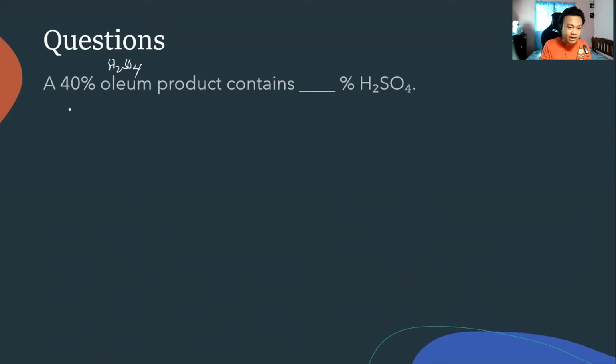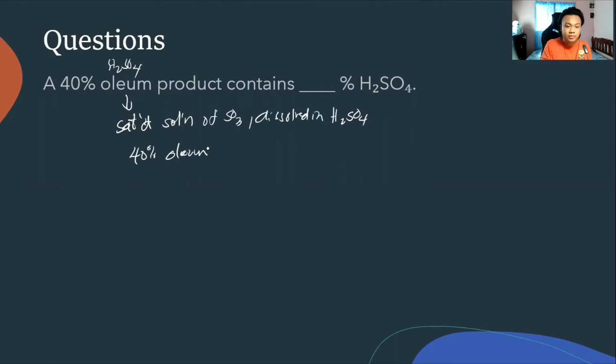For your information, it is a saturated solution of SO3 dissolved in H₂SO₄. So basically, same rin po na sila. Okay? So we have 40% oleum, diba? So 40% oleum. That means we have 40%.